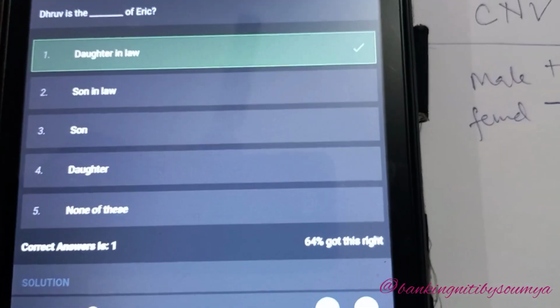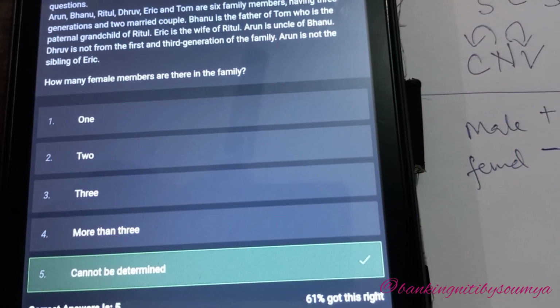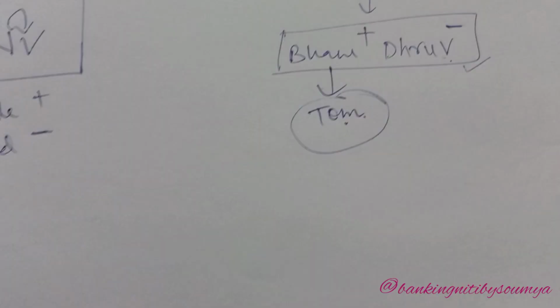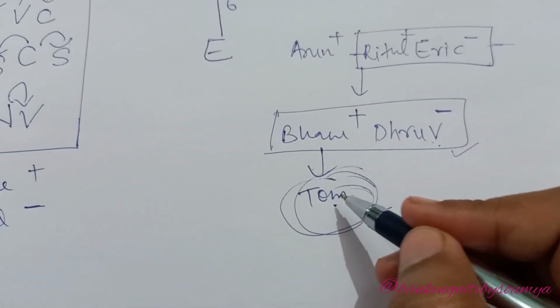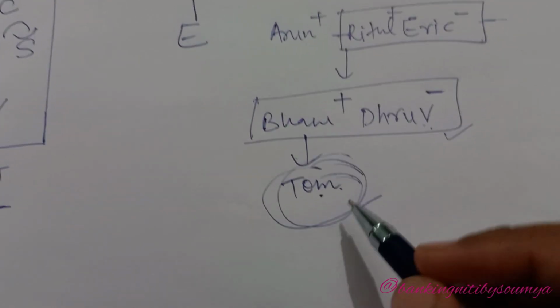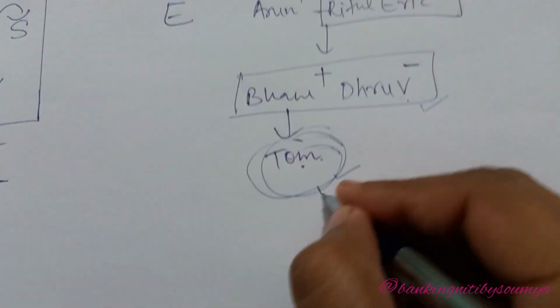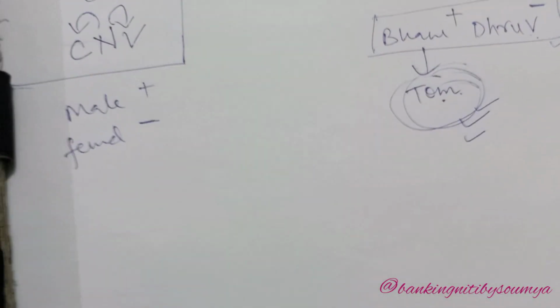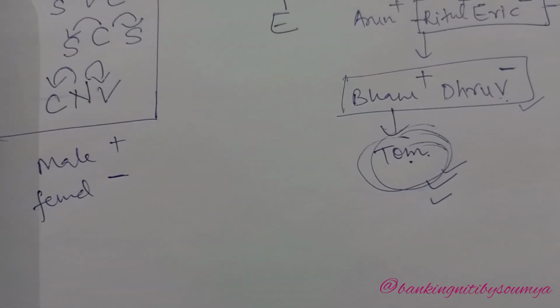Now the next question is, how many female members are there? We could give the answer if we knew the gender of Tom, but it is not there, so we will say cannot be determined.